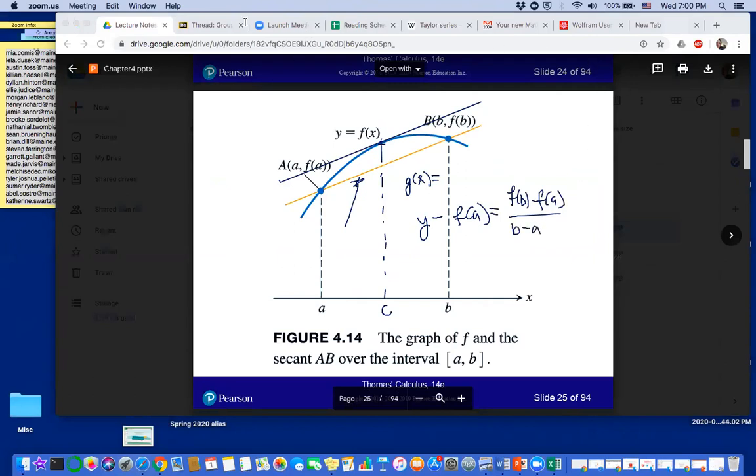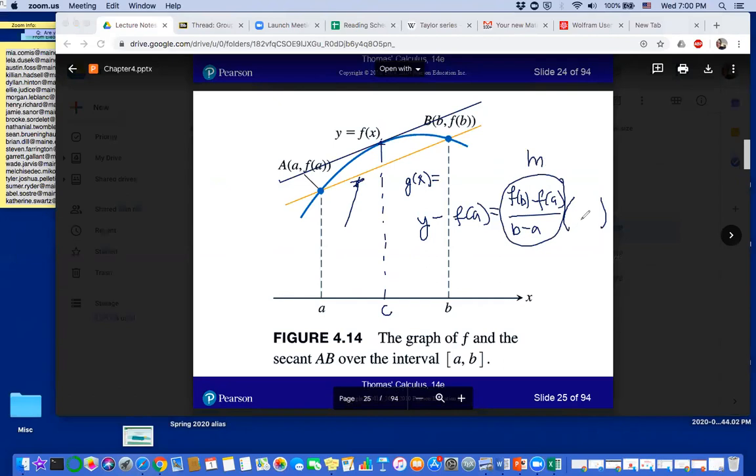Can you help me finish this process? This is the slope of the secant line. This is my slope, m.